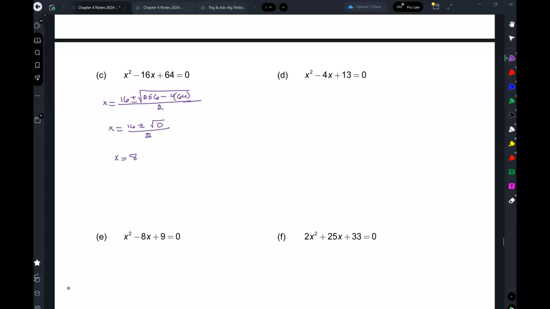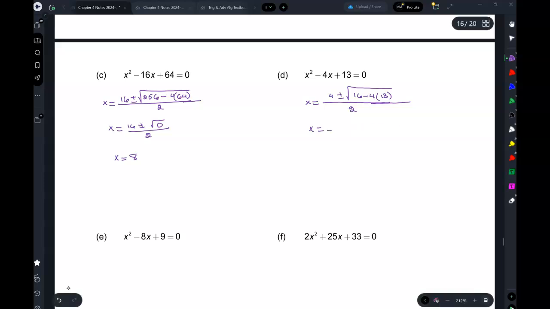Okay, here. X equals, oh, I like this one. 4, because it's negative b, plus or minus the square root of 16 minus 4 times a times c, 13, all over 2. So 4 plus or minus the square root of, what is this?